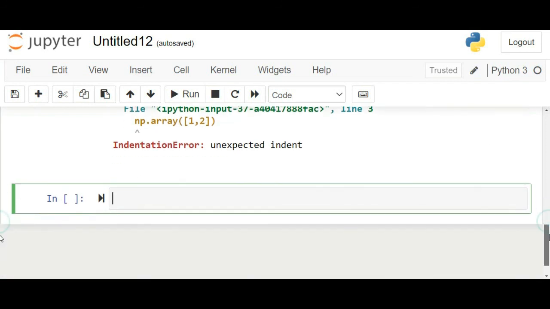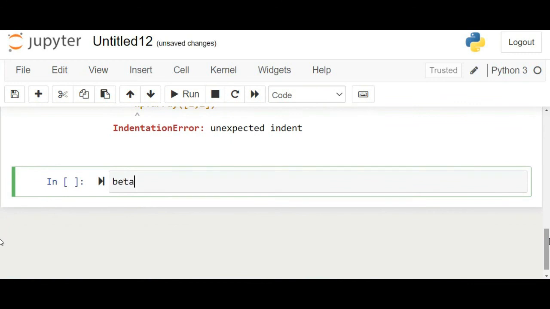First of all, the code will be written as beta is equal to np.array, and inside the parenthesis and square bracket we shall write 120 comma 124, just like these are the two values.